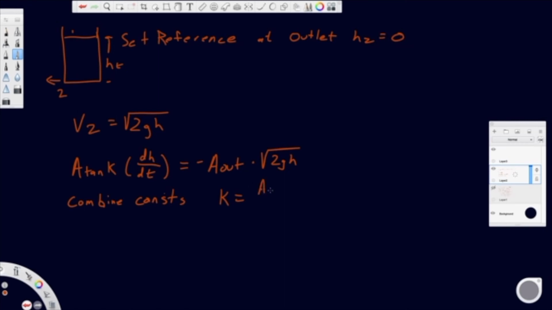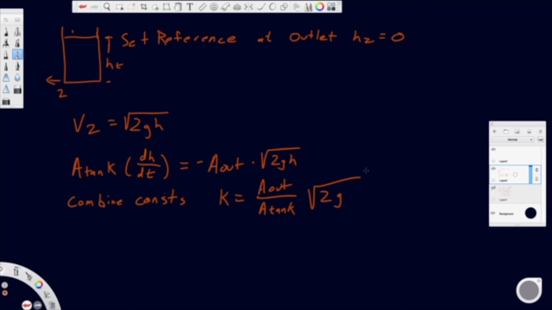So if we divide over the area of our tank, and then, of course, gravity is going to be a constant. So really the only things that aren't constants here are the time, the height, and the derivative of the height.